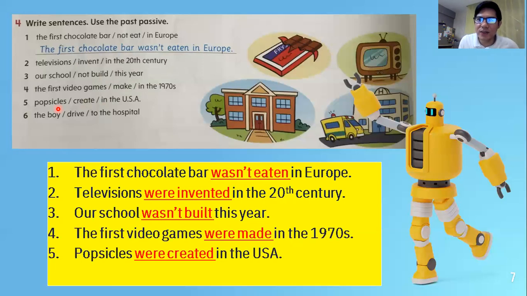All right, let's go to our last. You got it? Can you follow? This will be our last example. The boy, singular or plural? Drive. What's the past participle form of the verb drive? And the object, to the hospital.